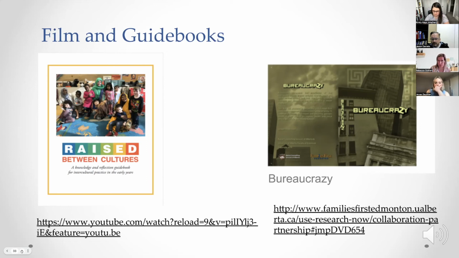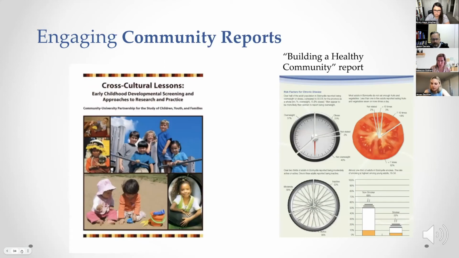Engaging community reports. So yes, a report is important, and so you want to report on your findings, but think about how you can use imagery and visuals from the actual evaluation itself. So, we always try and get permission to take photos as we're collecting data, whether it's of the data we're collecting, of participants that are involved, as long as that's appropriate to do, or even the environments in which the program is taking place.